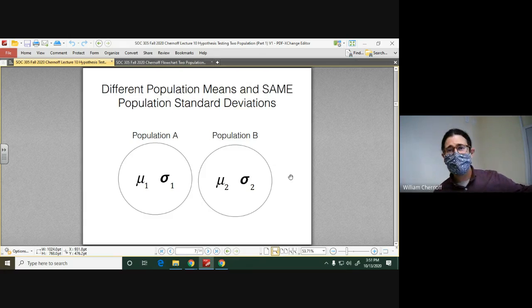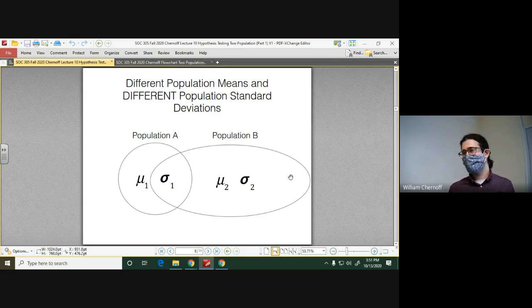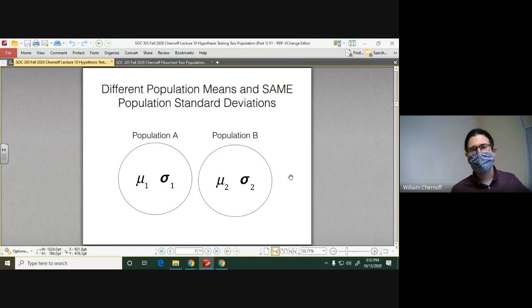When we're in the situation of equal population standard deviations, equal consistency, it's a lot easier to say when they're different than when the population standard deviations are different. So here there's overlap. Showing that these two groups are different is going to take a lot of work. Here there's no overlap. Showing that these two populations are different is going to take less work.